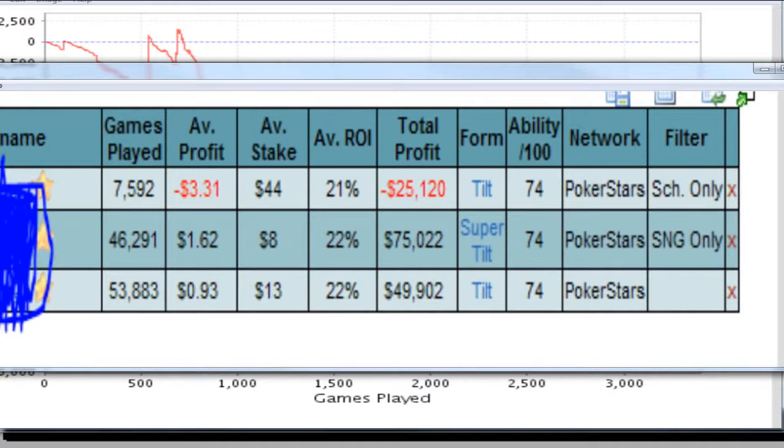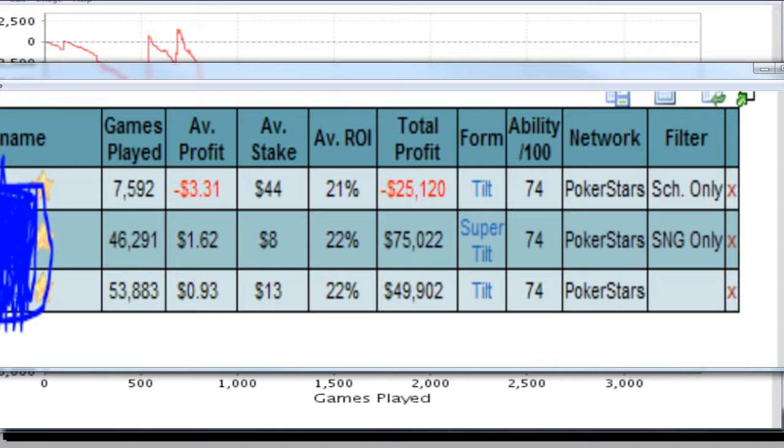So when someone, going back to the beginning of all this, posts in a forum or asks you on Skype or whatever messaging software you use, "Hey, take a look at this hand, and look, I OPR this guy, and he's $50,000 in profit over a large sample size. So he's good." He's good in some areas. He's not as good in others.